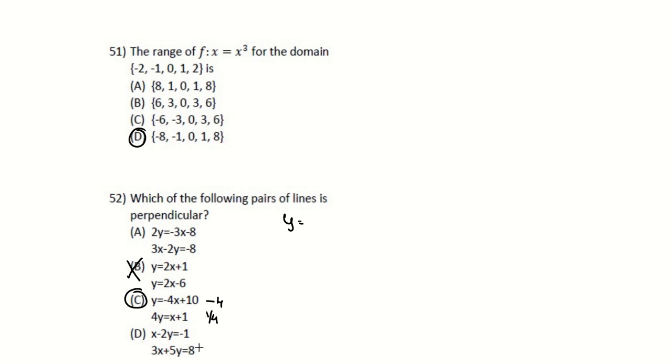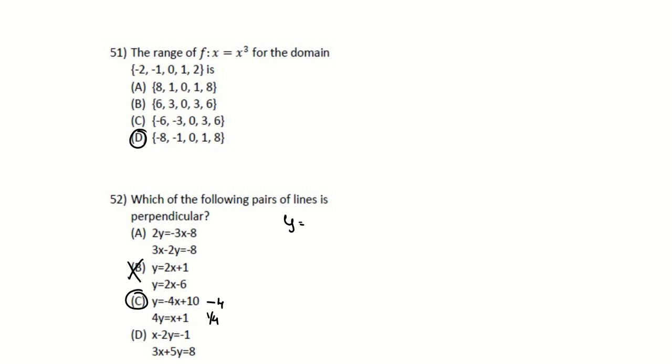So the answer would be C. But that's how you need to make y the subject of all of these, and then look at the coefficient of x, and when you multiply the numbers in front of x, you're supposed to get negative 1. Right, so the answer with this would be C. And that is the end of May, June 2022.